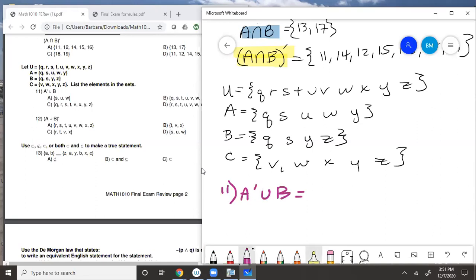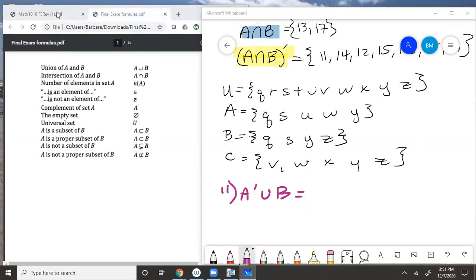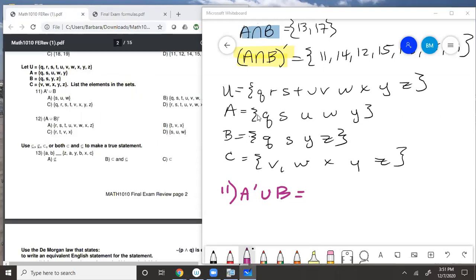Okay, so what does that A prime mean again? Everything that's not an A. Good. The fancy word for that would be the complement. Complement of A, everything that's not in there.